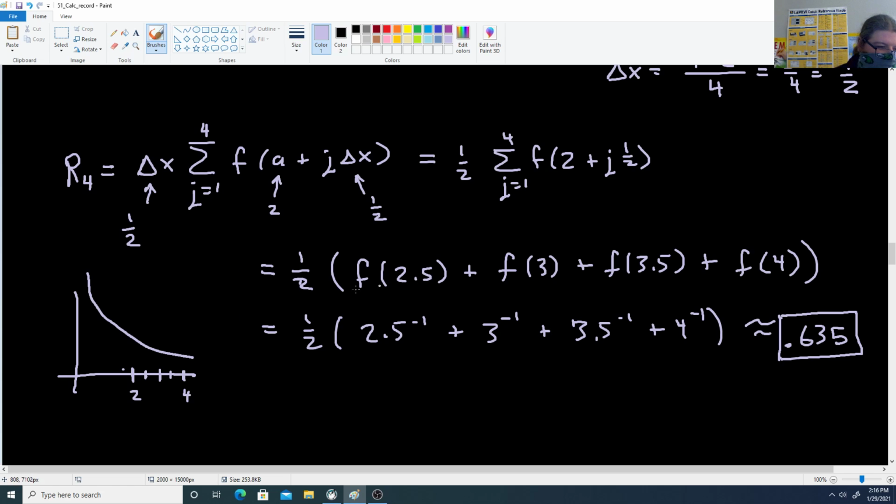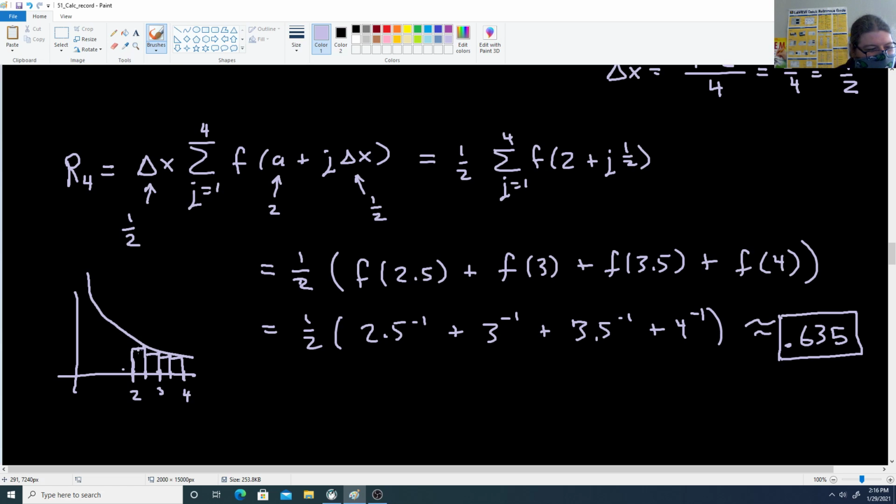So the first one starts here at 2.5. You'll go up, you'll hit the function, that'll set the height of your first rectangle. Then you go up, this would be 3, so you go up 3, hit there, come over, that's the height of the next one. Here, come over, that sets the height of the next one, and that sets the height of the final one. So we're actually kind of undercounting the function because all these little parts above these bars don't get counted.